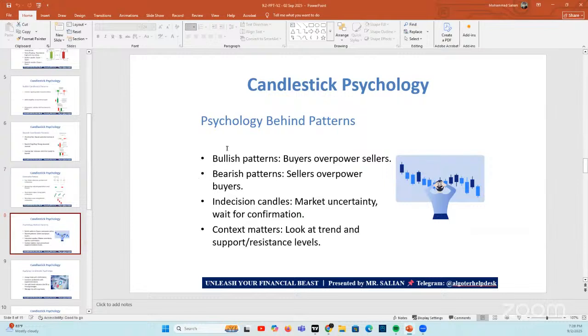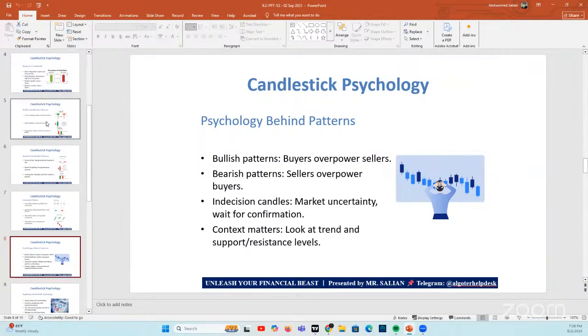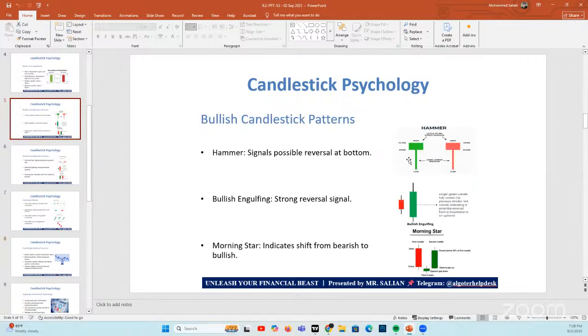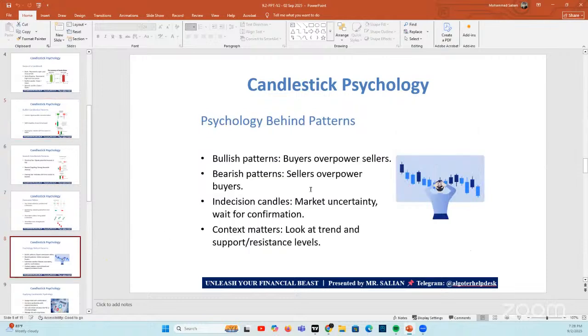So the psychology behind these patterns: bullish patterns, buyers overpower the sellers. When you see such a pattern, this signals that the buyers are overpowering the sellers.